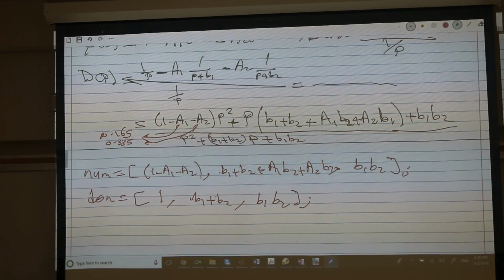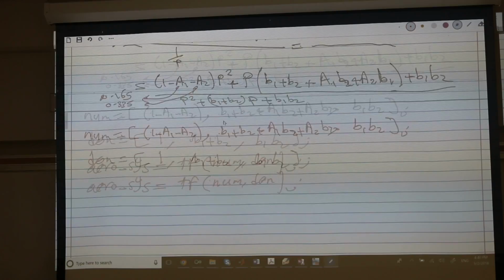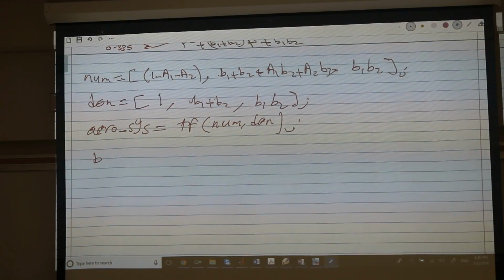You have num and den, and then your transfer function, or system, is tf of num and den. You can do whatever. You can do bode. You have a transfer function now. If you do bode for this, what will you get?